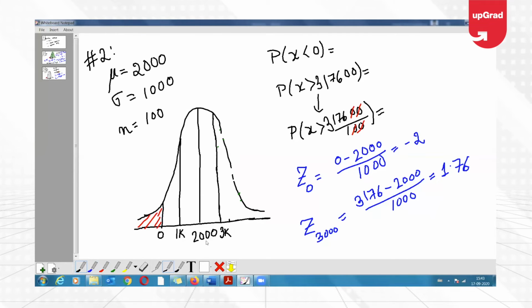I'm looking at this region. This is 3176, and this is the shaded region.